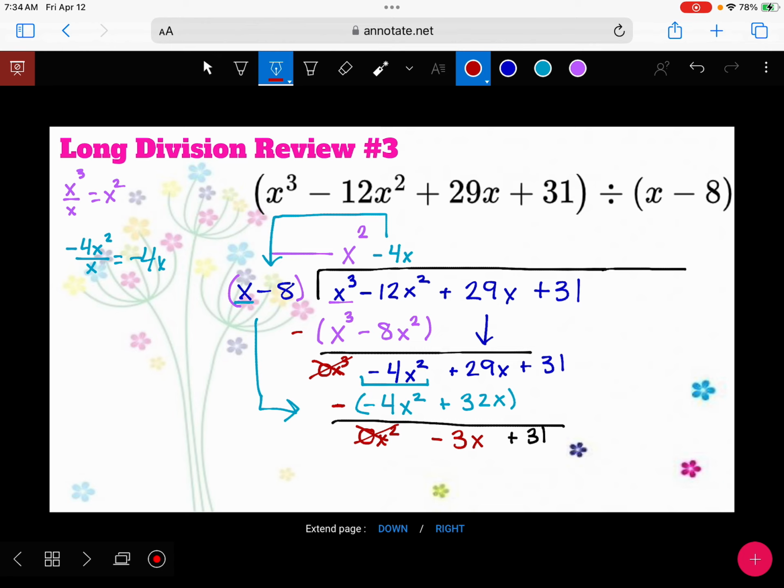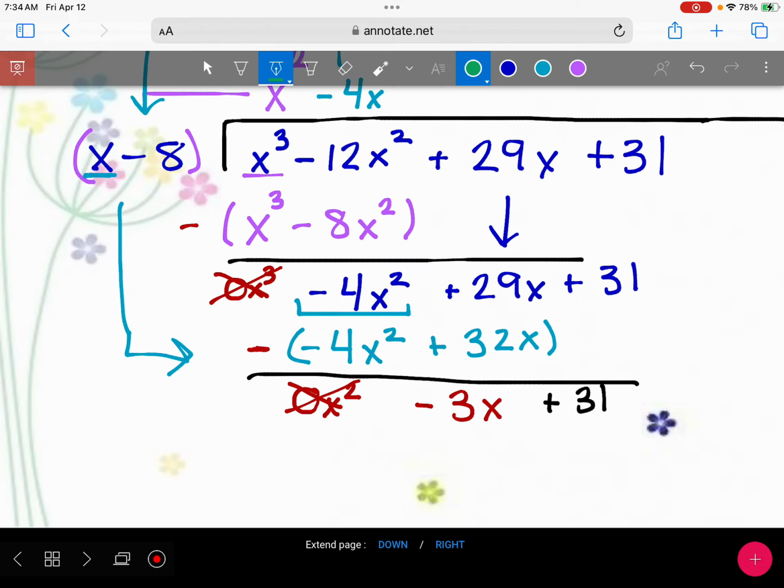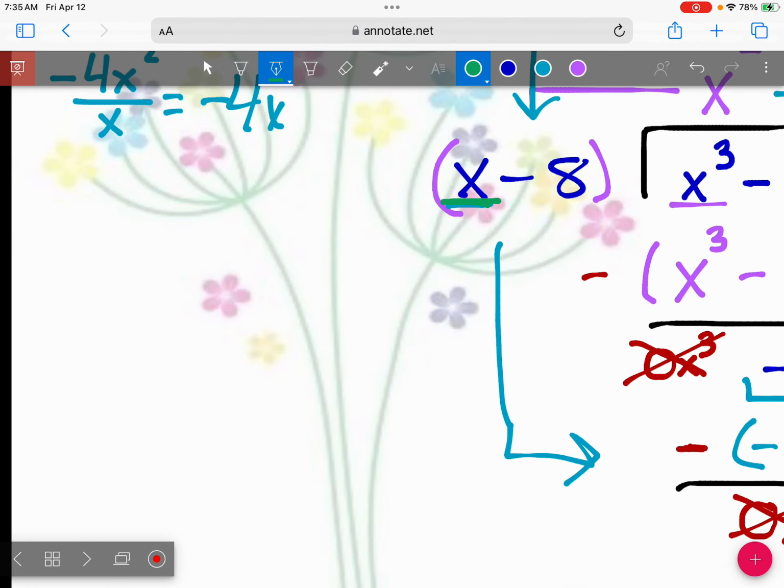And we get to do one more round of this. We're going to do the whole same process again, but now with this as my first term, my minus 3x, and we're going to divide it by x. So if I have minus 3x and we divide by x, what do we get? Negative 3.